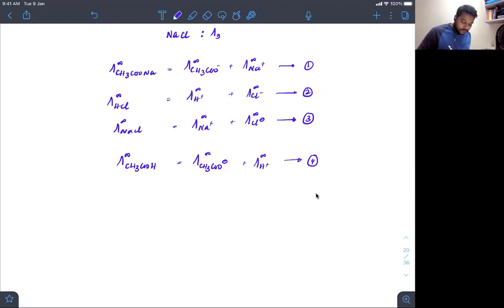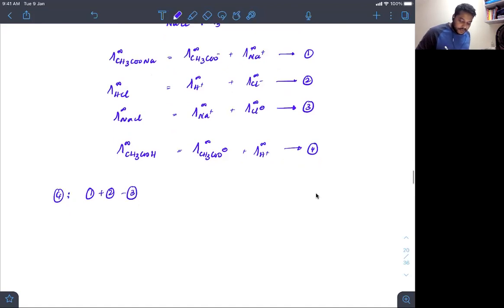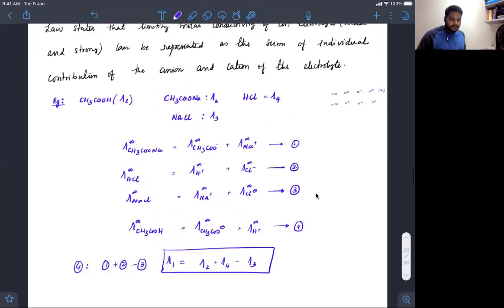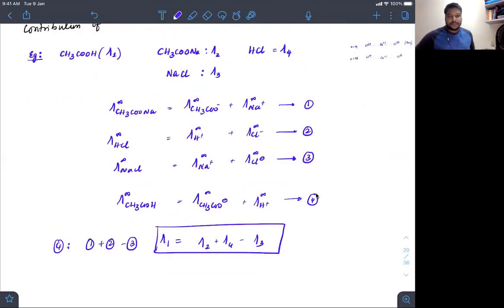So therefore 1 plus 2 minus 3. Done. So therefore lambda m infinity of CH3COOH, which I was not able to do experimentally, now I will be able to get that as lambda 2 plus lambda 4 minus lambda 3. That will be the value of lambda 1. Now you understood what is the advantage of Kohlrausch law. Clear everyone? Right.